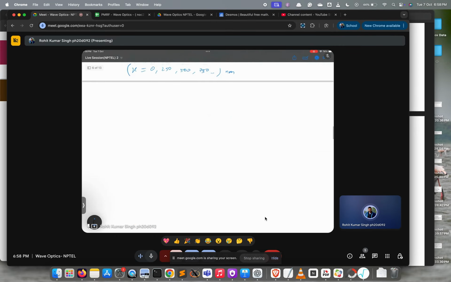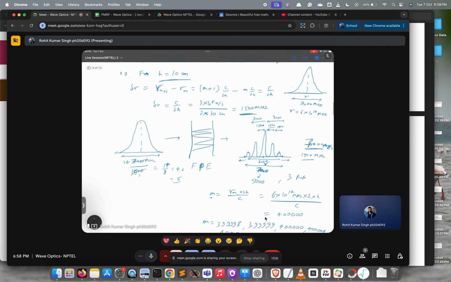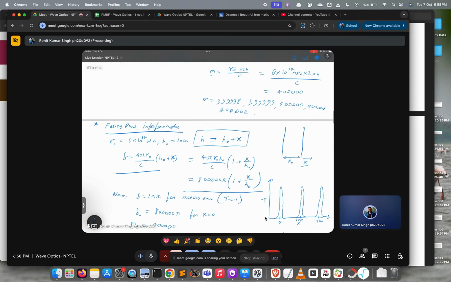So what I'm saying is, at a fixed distance, you change the frequency by some amount, delta mu, okay, and you can get the resonance condition, right? And what is that interval that we calculated here? This is the interval, right? C by 2h.